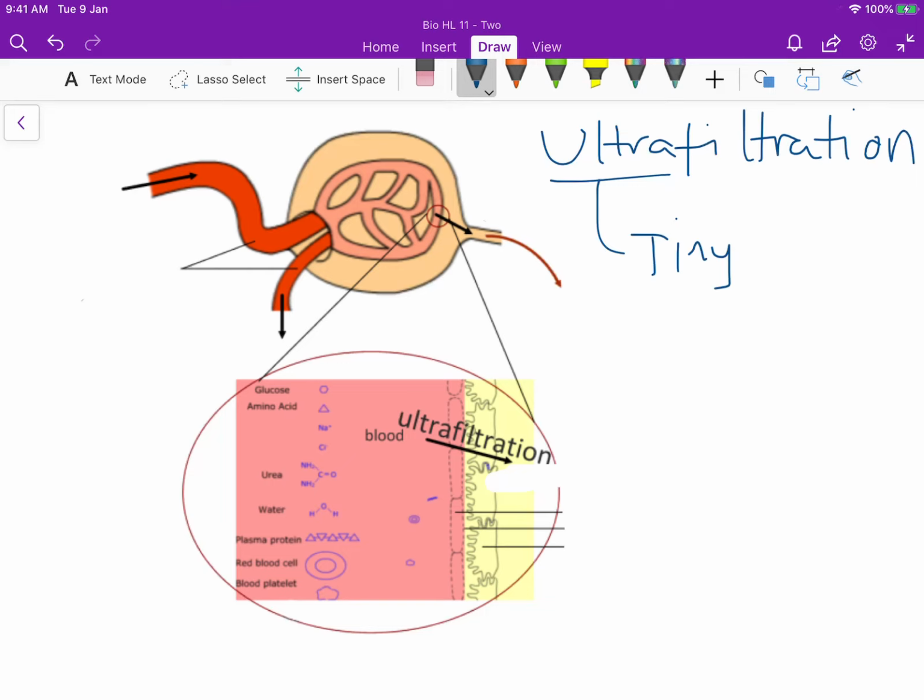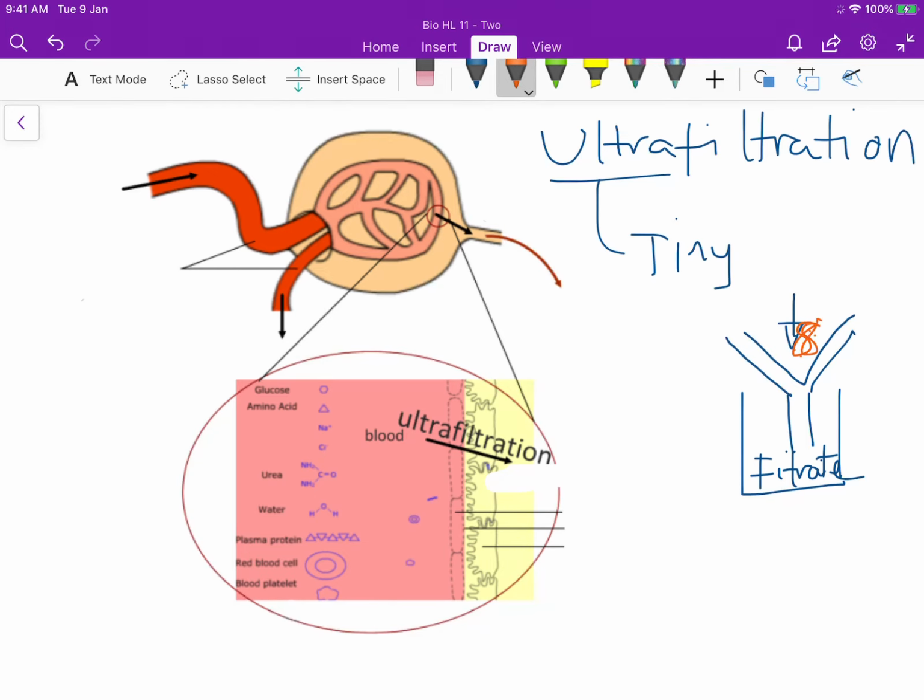And filtration because, like you can do in the biolab or in the chem lab, it's a bit like having filter paper and a filter funnel. When we put things through, we get a filtrate. So the filtrate is what we get through, and then there are things that can't get through. They are too big, maybe.